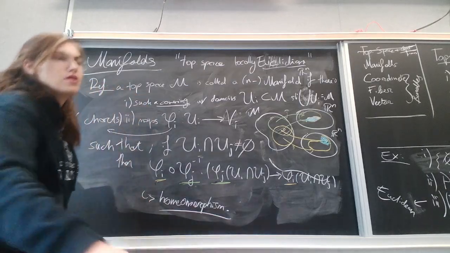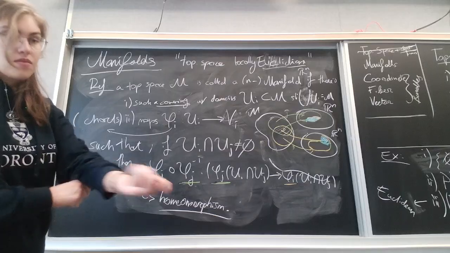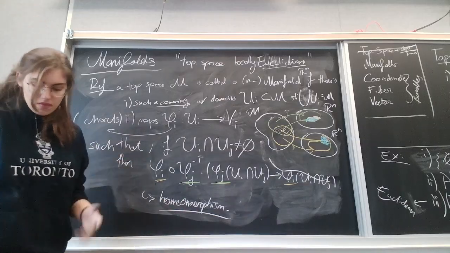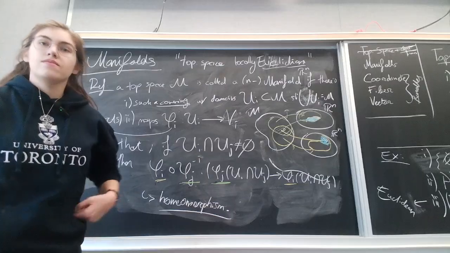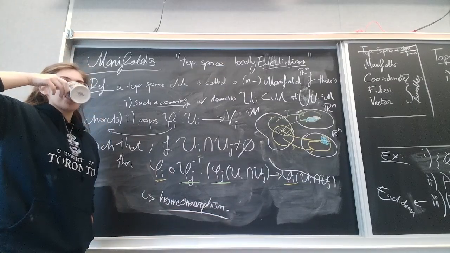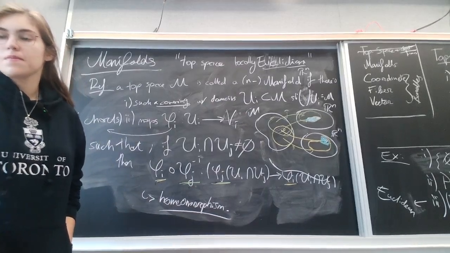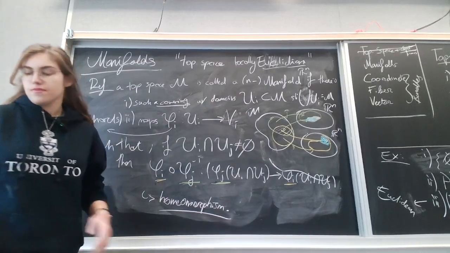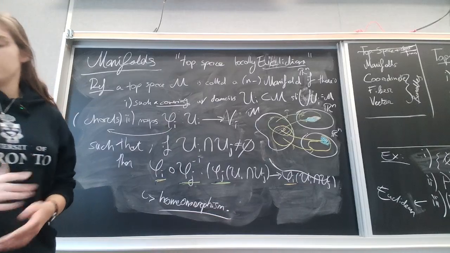Roughly speaking, let's take the analogy from last week. Suppose you had some city, right? You had two maps for the city, one for, say, the north part of the city, one for the south part of the city. But then there was a little region where the maps describe the same part of the city, right? Then if I use one map or if I use the other map, it should be the same.